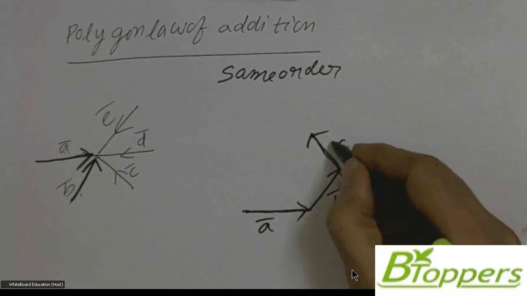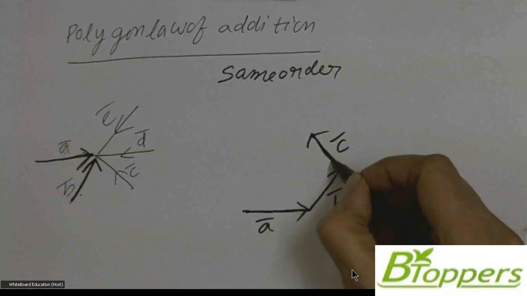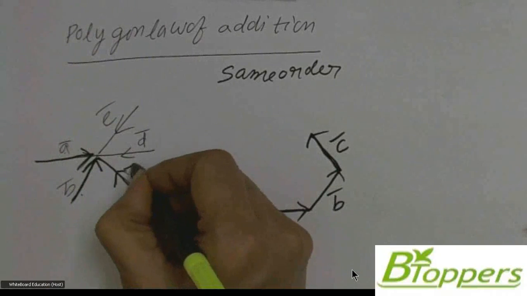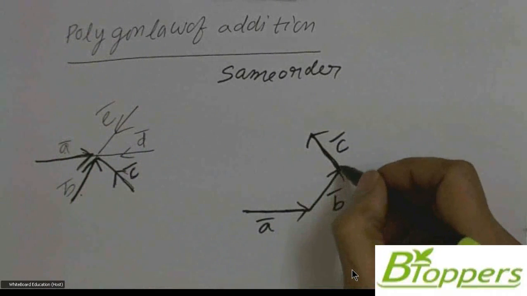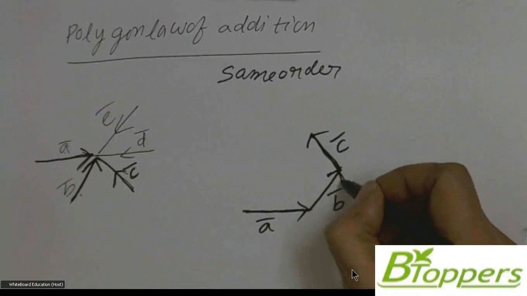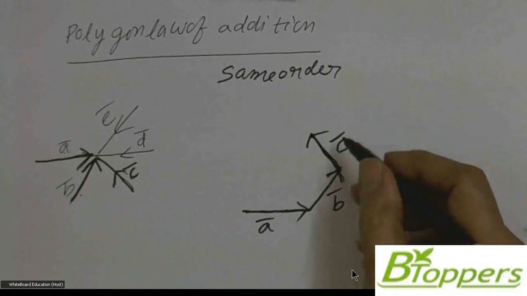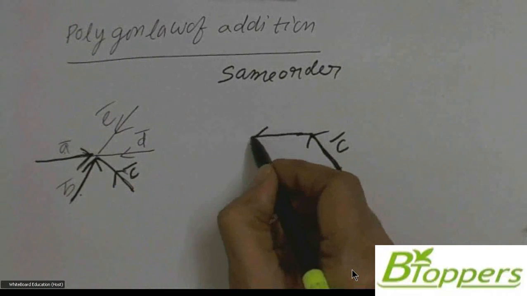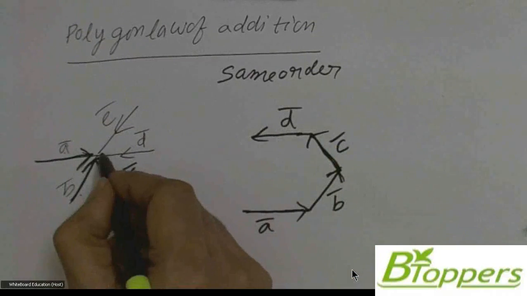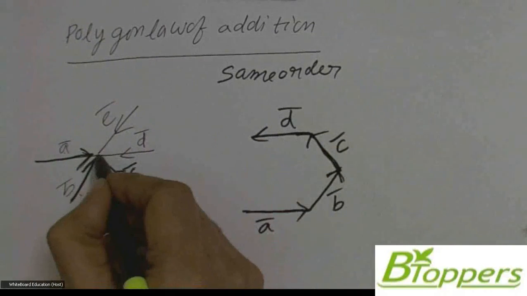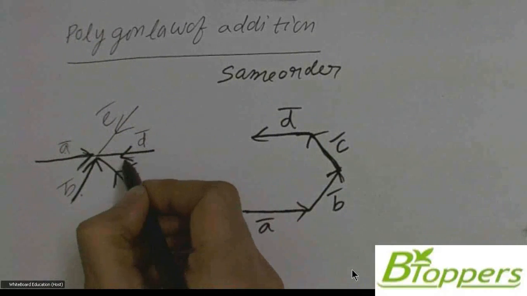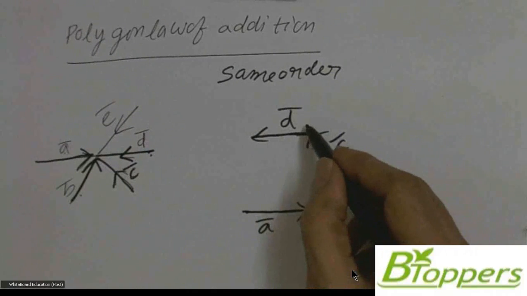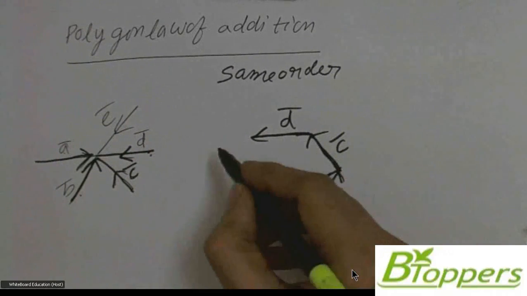In a similar way, we represent the third vector C bar in this way. That means this vector is drawn parallel to the third vector C bar and of the same length or magnitude, such that the tail of the third vector is attached to the head of the second vector B bar. So they are in the same order. The same way, you can draw the fourth vector D bar in this way. That means this vector has the same length or magnitude as this vector and is parallel to it. The tail of the fourth vector D bar is attached to the head of the third vector C bar.